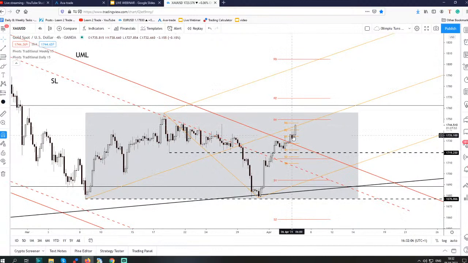Breakout here, retest of the broken upper medium line, also retest of the daily pivot point 1725, and now it looks determined to approach the weekly R1 1749. Also the price is challenging the medium line of the ascending pitchfork.